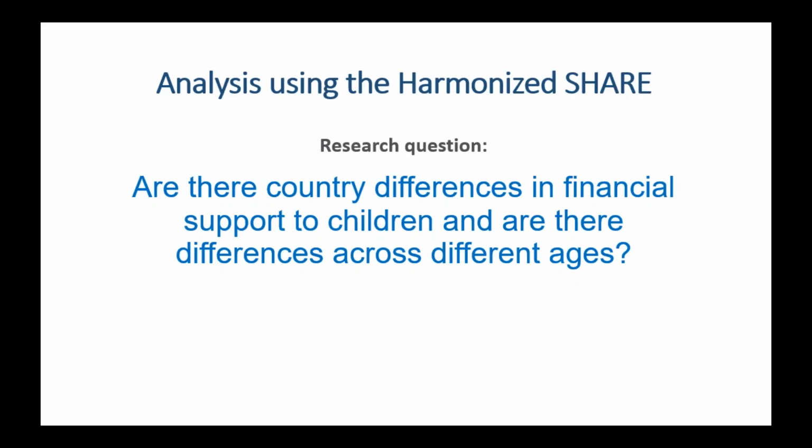So we're going to be looking at the financial transfers to children. We're going to look at, are there different levels or frequencies to which parents are supporting their children in different countries? And then do we see differences for different aged households? Do we see that couples in their 50s are more likely to support their children, say, than couples in their 80s? What does that look like, and is that different in different countries?